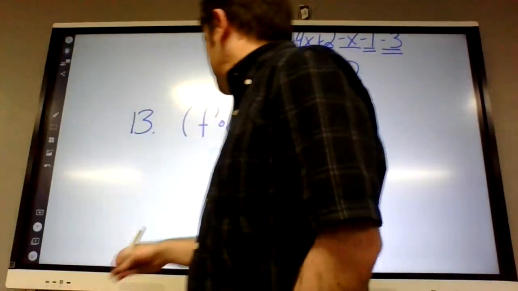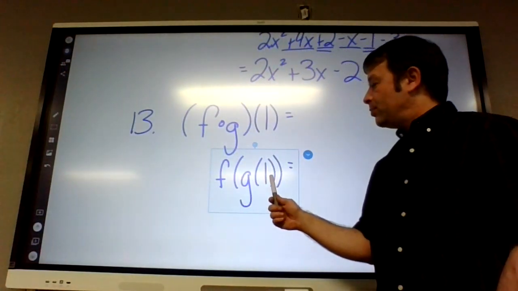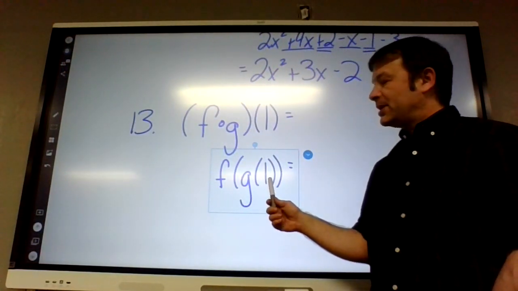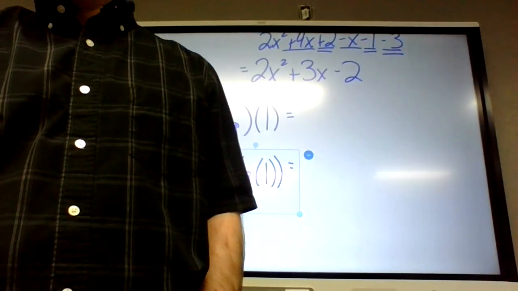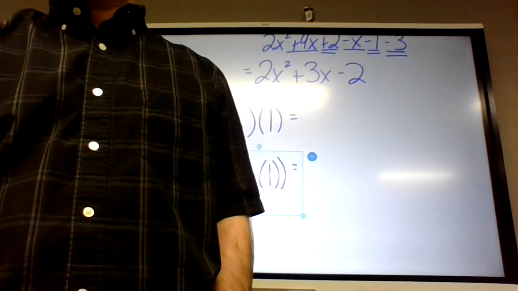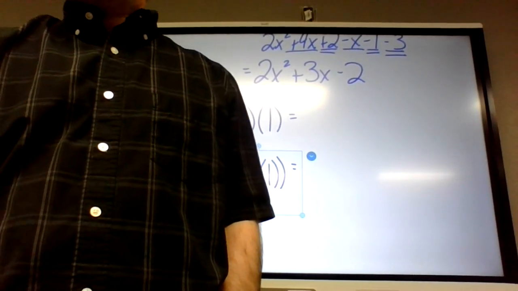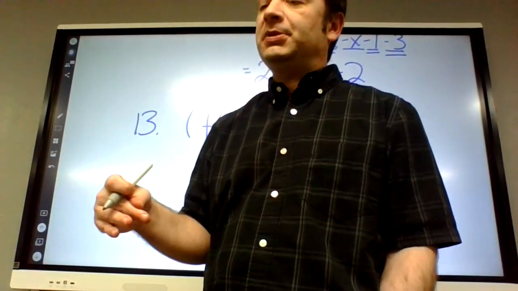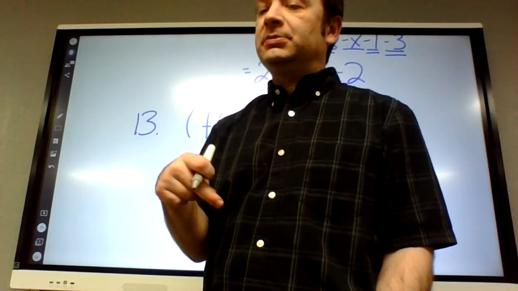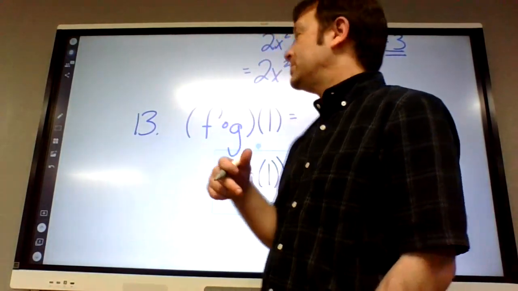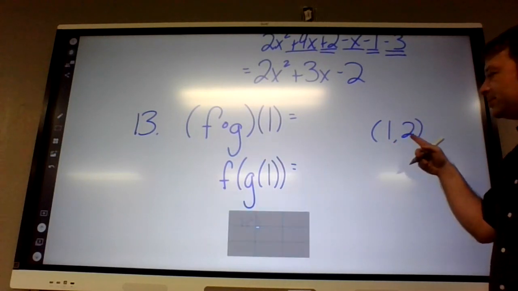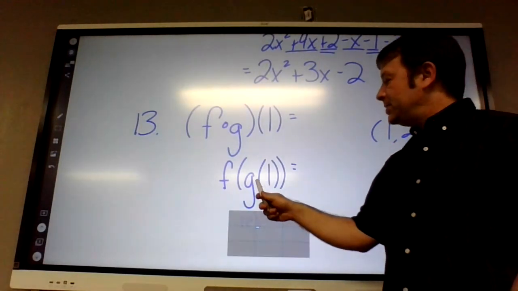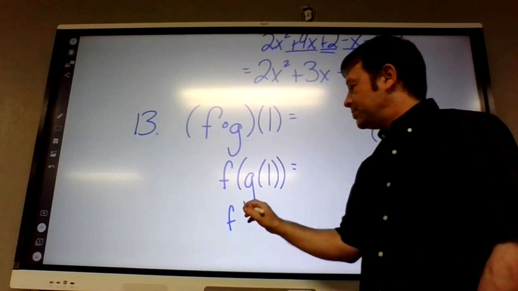So g of 1 means if we put in 1 for x, what comes out? 2. You guys see where we got that from? Because it says 1, 2 in that list. So g of 1 is worth 2.